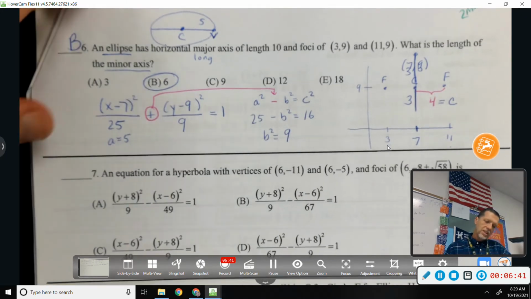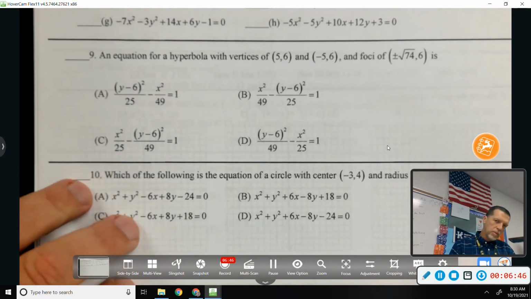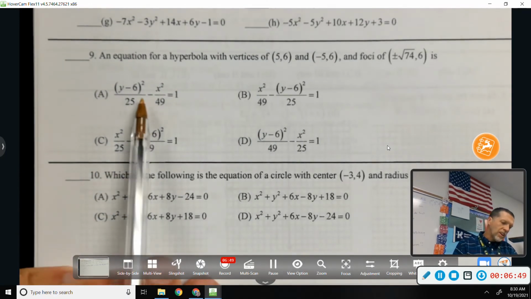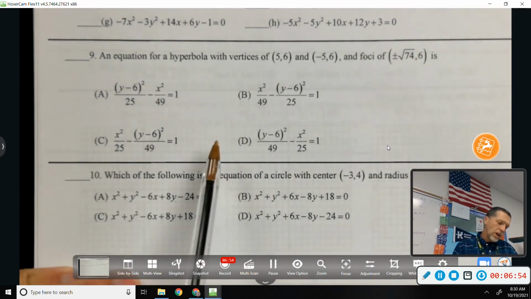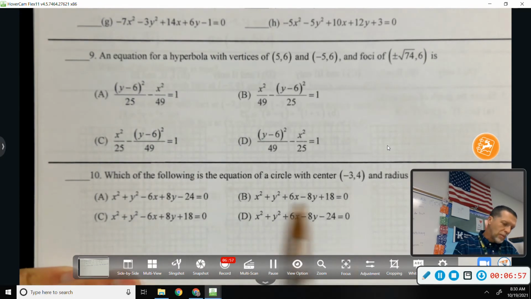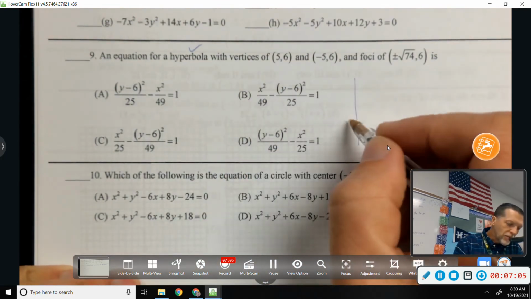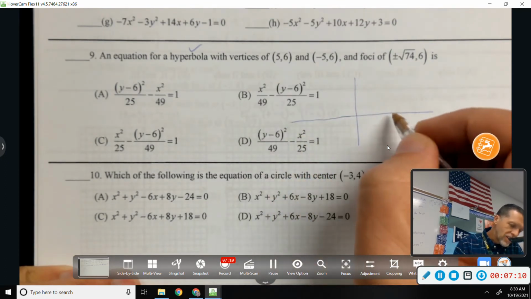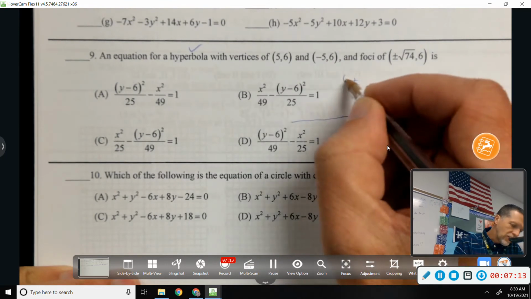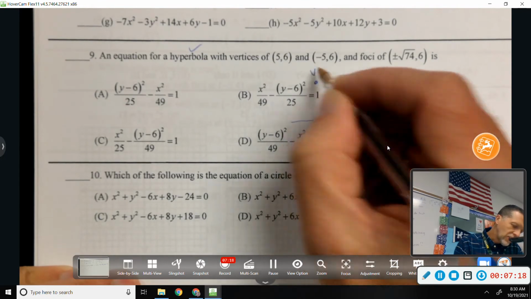Olivia, number 9. Yep. An equation for a hyperbola. So probably the first thing I check is to see if they're all hyperbolas, and they are. So that's unfortunate. I was hoping I could throw out an ellipse or something, but they're all hyperbolas. Vertices of 5, 6, and negative 5, 6. Again, if you can figure this out without a picture, more power to you. I think a picture is helpful. I mean, even if it's just a very rough sketch, there's 5, 6, and there's negative 5, 6 for the vertices.